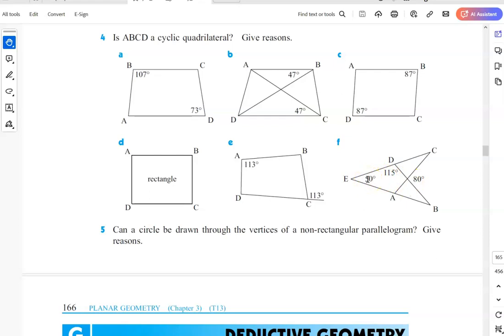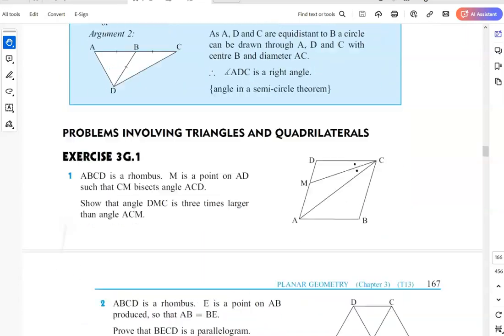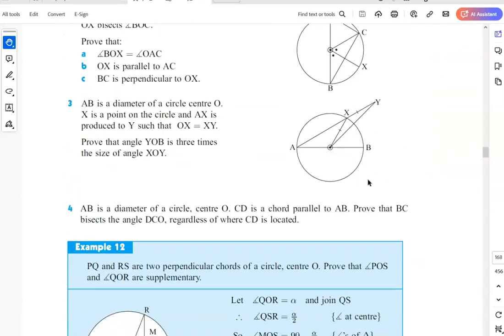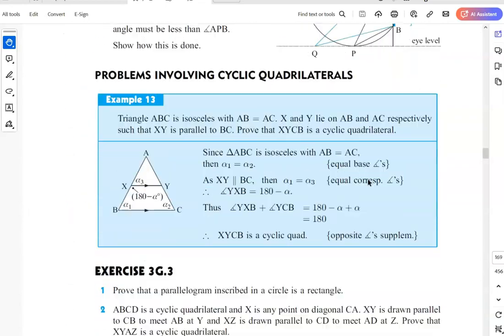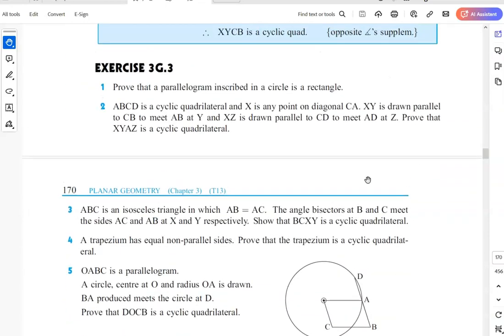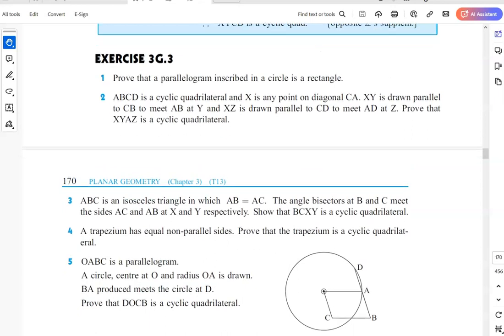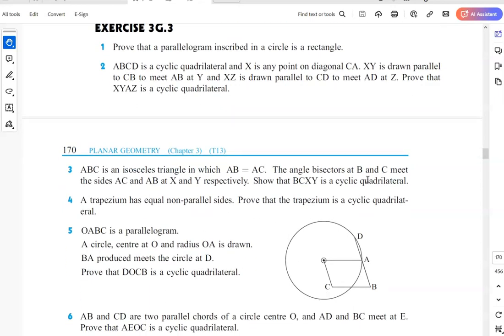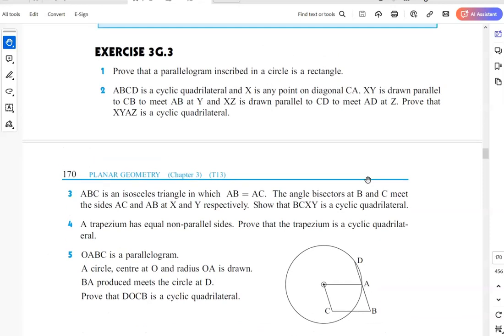Okay, so we went backwards a little bit. Now we're going into the geometry that's going to include circles and, you guessed it, some cyclic quads. So things like this are going to come our way. We ready? So heading, exercise 3G3.